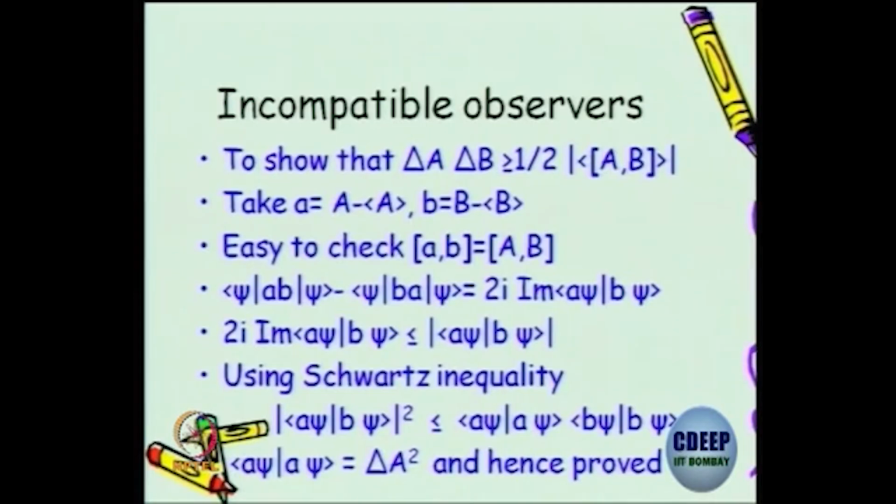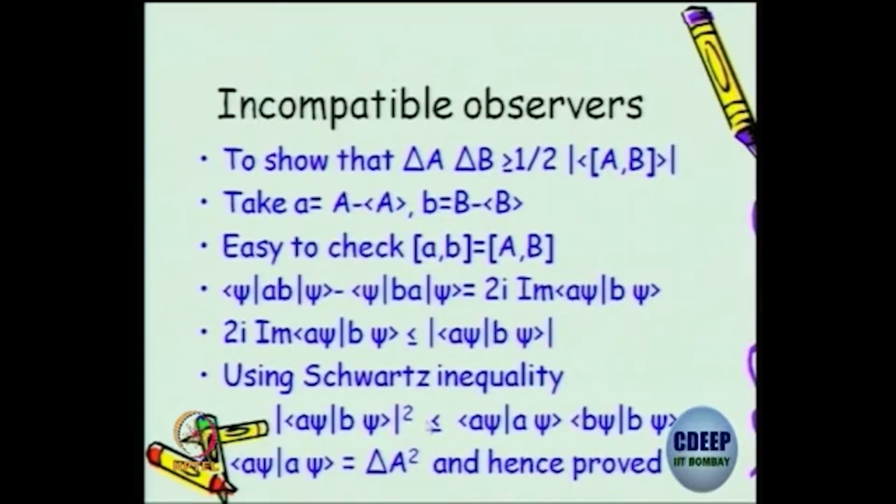This also you can check. So once I put this in, this is delta A squared, this is delta B squared, and you go back to the earlier step, and the commutator of AB is the commutator of capital A, capital B. Hence you can prove delta A delta B.